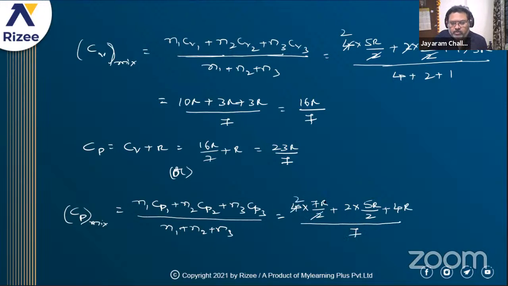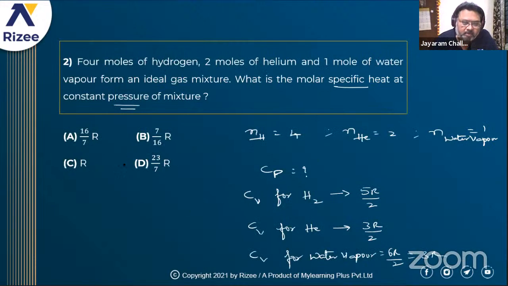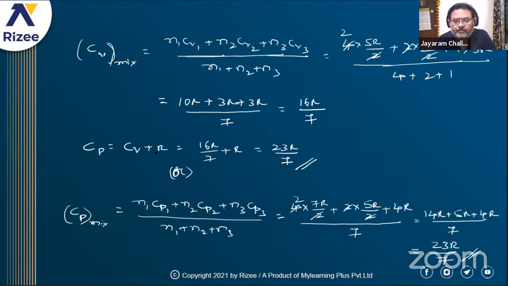So this goes for 2 times, this 2 can cancel. So that will be 14R plus 5R plus 4R by 7, which results in 23R by 7. So in either method, you can solve this particular sum. Whatever values you can remember, that will be the 23R by 7.